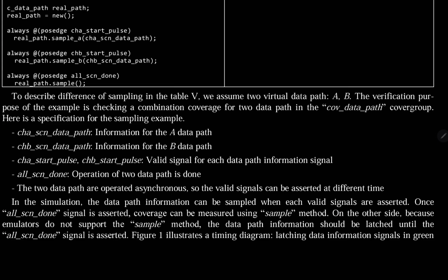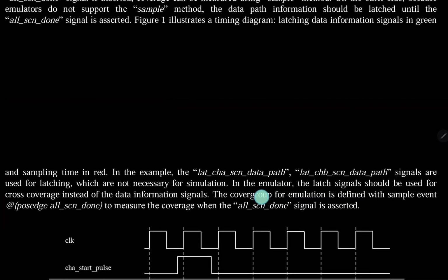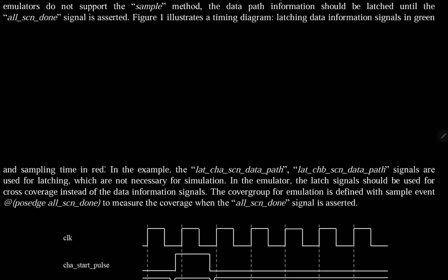On the other side, because the emulators do not support the sample method, the data path information should be latched until the or_SCN_done signal is asserted. So figure 1 illustrates a timing diagram latching data information signals in the green and the sampling time in red.